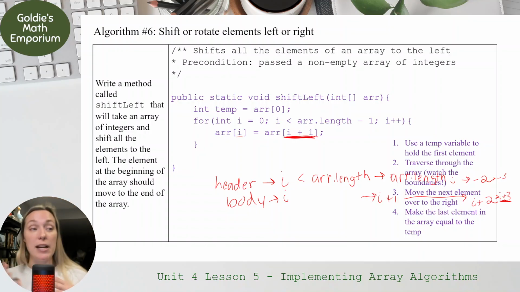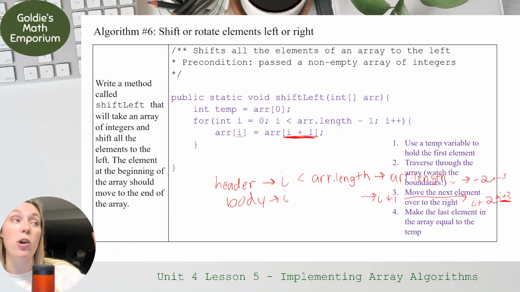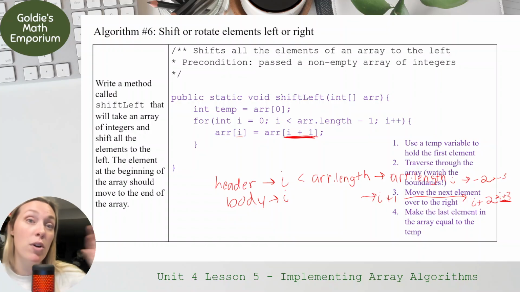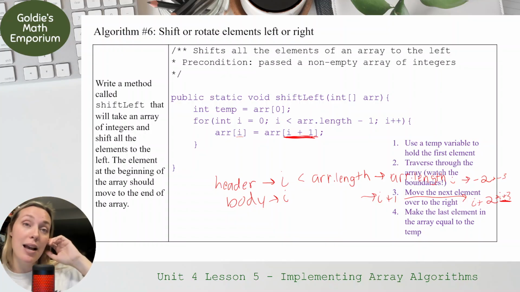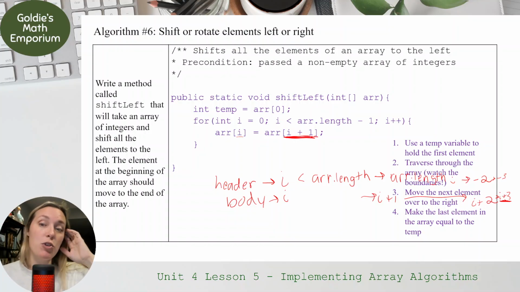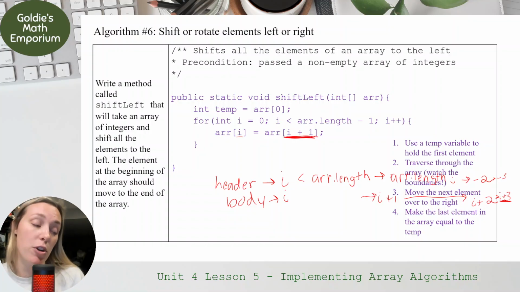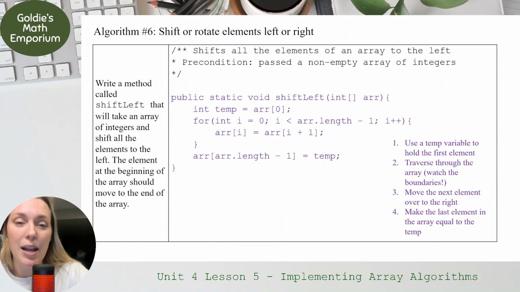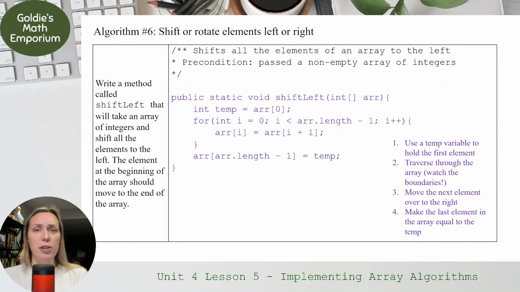And it's vice versa if I go low. If I go i-1, I have to make sure that I don't drop below index 0. Or i-2, I can't grab an index that is below 0. So you really have to watch your boundaries when you're writing these algorithms. It takes a little bit of practice to understand how to see them and understand the patterns that lead you to checking the boundaries.